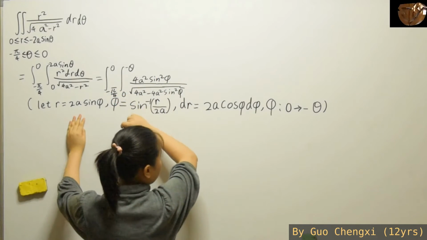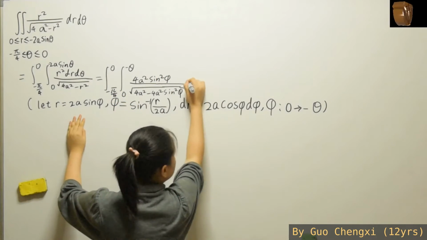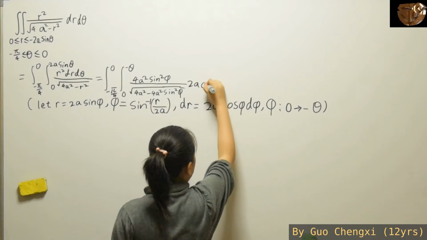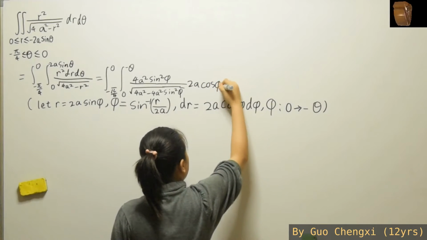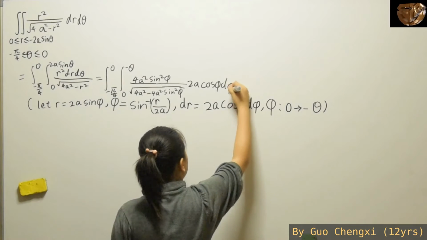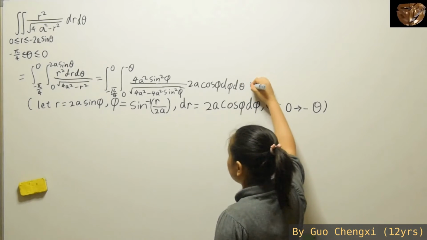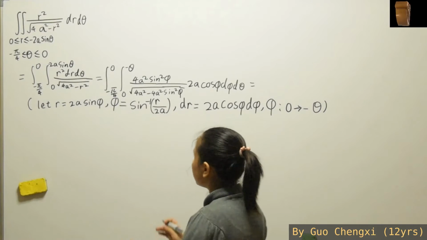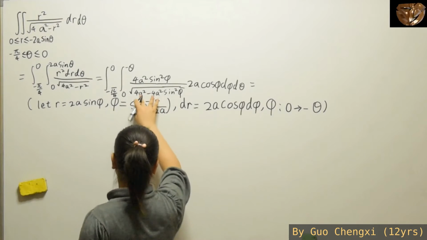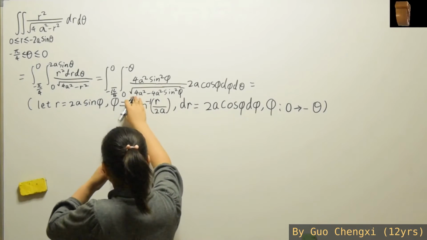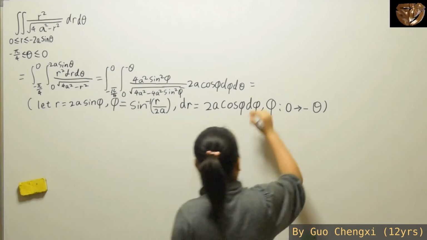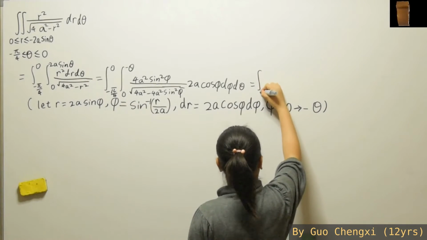For the dr, you'll get times 2a cosine phi d phi, and then we will also have a d theta at the back. You can take the 4a squared out of the square root and you'll get a 2a.